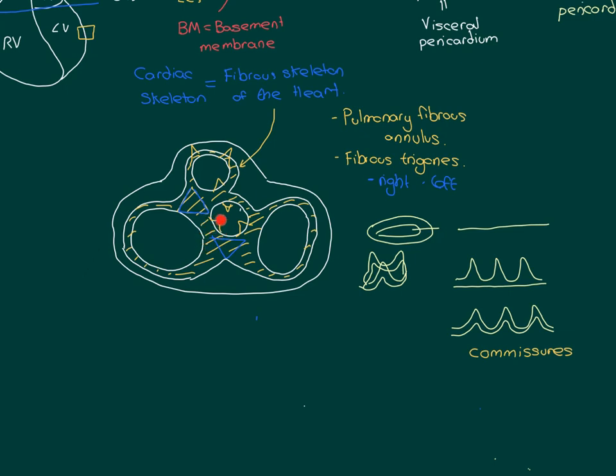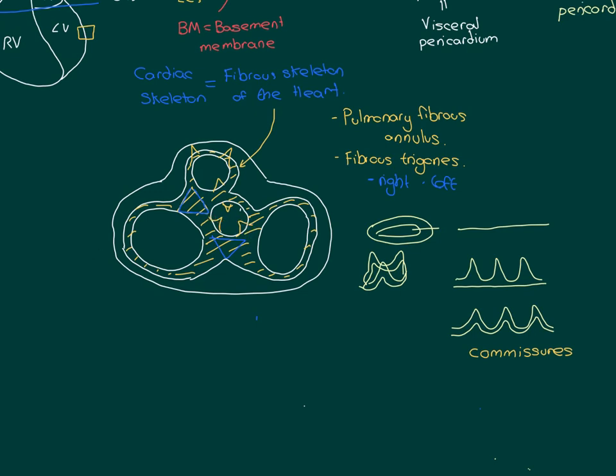It's going to gradually go up to that. So it gradually turns from being flat to being like that. Hopefully your power of visualization can cope with that. And the same is going to happen here. It's going to be flat here, and then it's going to go into this arched shape. So you're going to imagine a smooth transition from the flat to being arched over here in that commissure.